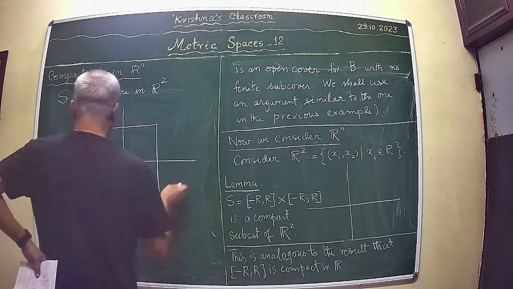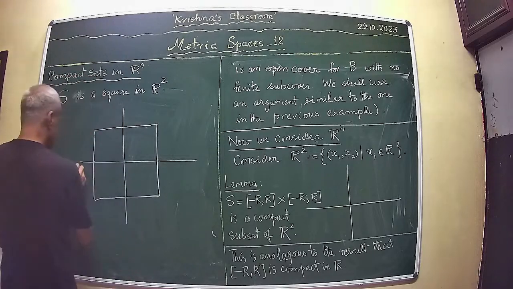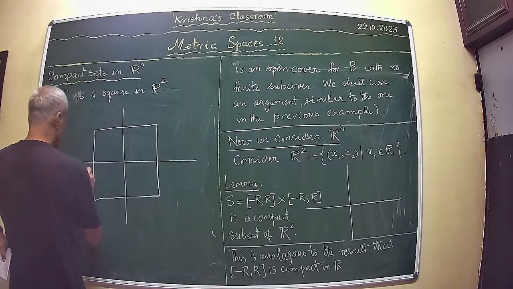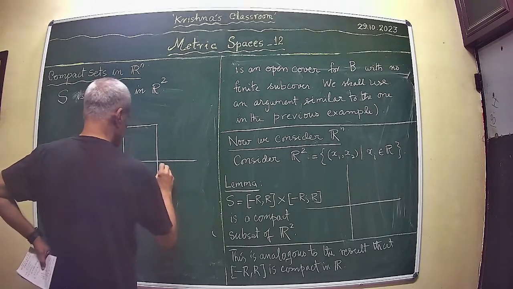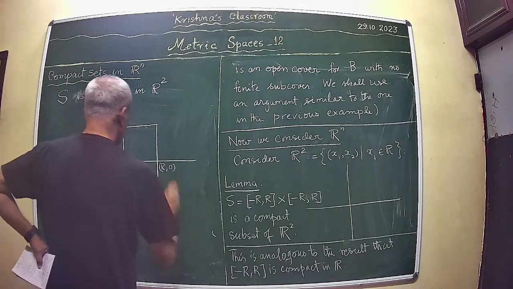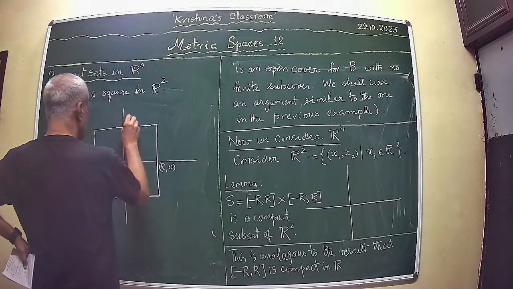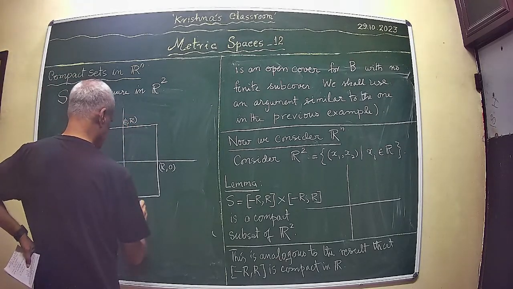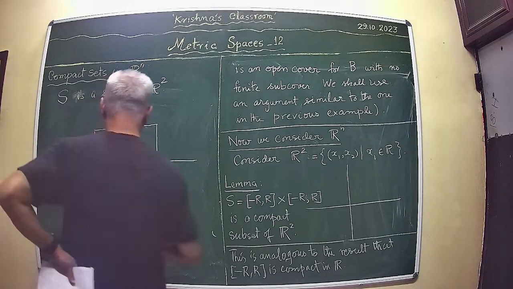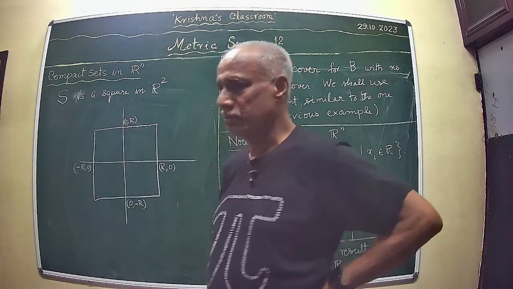This is 0, and this is the square that you have. And you have coordinates for all this.